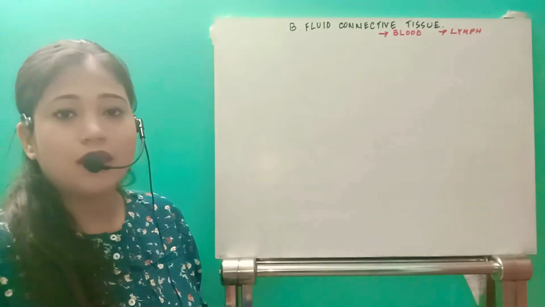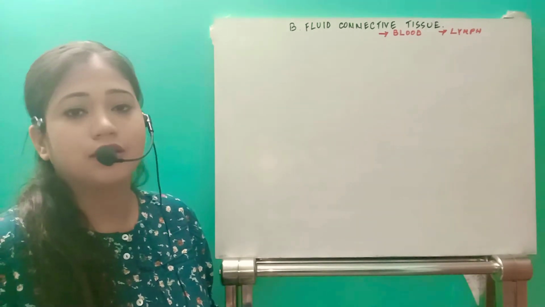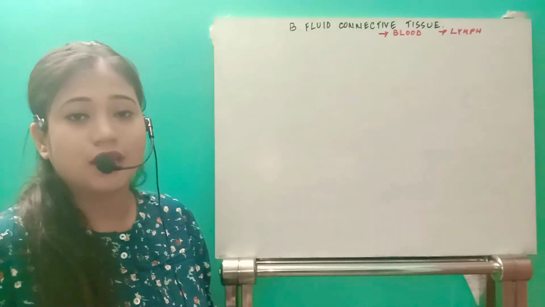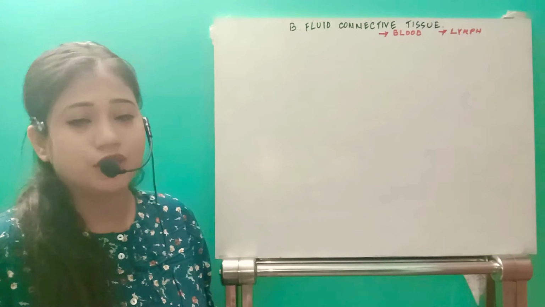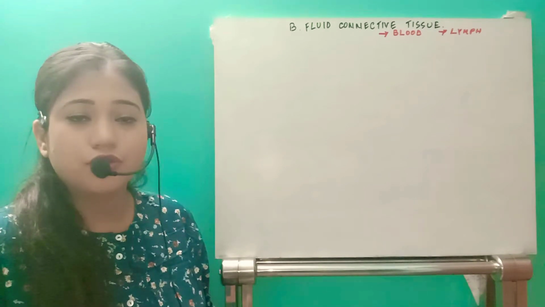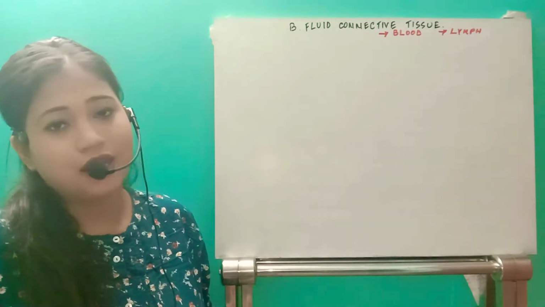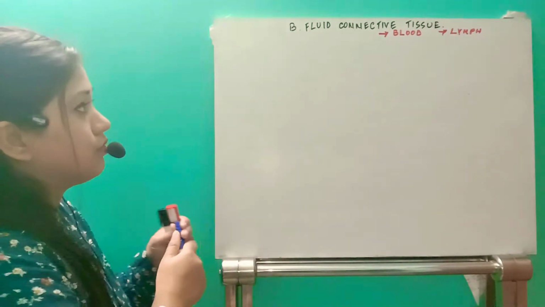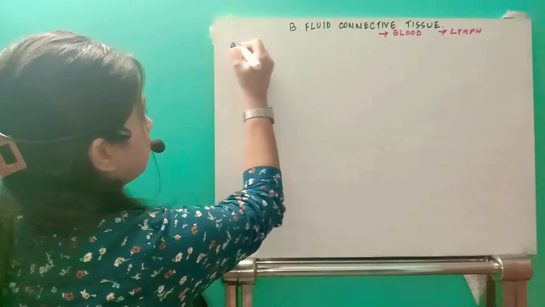In the body, they will basically circulate the nutrients, gases, carbon dioxide, nitrogenous waste products, hormones, etc. Right? So first of all, we will see the blood, and after that we will see the lymph. So let's just start with the blood, right?